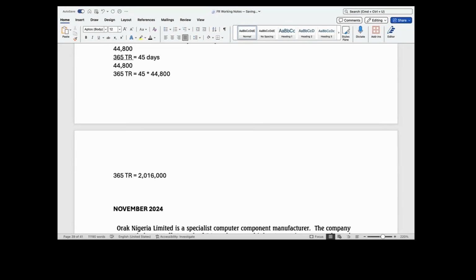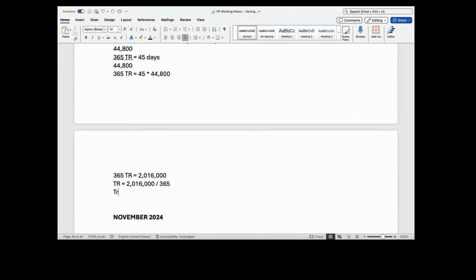So if I divide by 365, TR becomes 2,016,000 divided by 365. What would that give us? 5,523. Yes, sir, here's my trade receivables. So what's my trade receivables at 76 days?